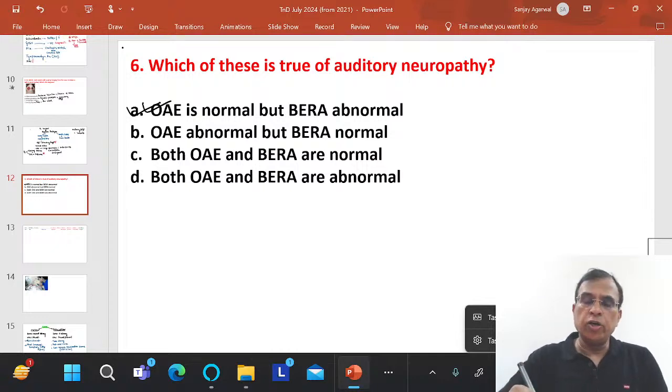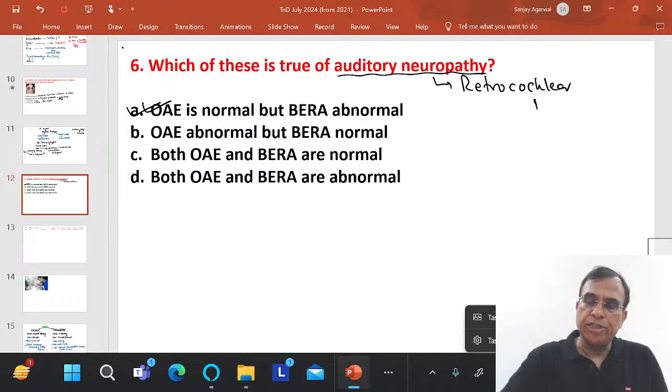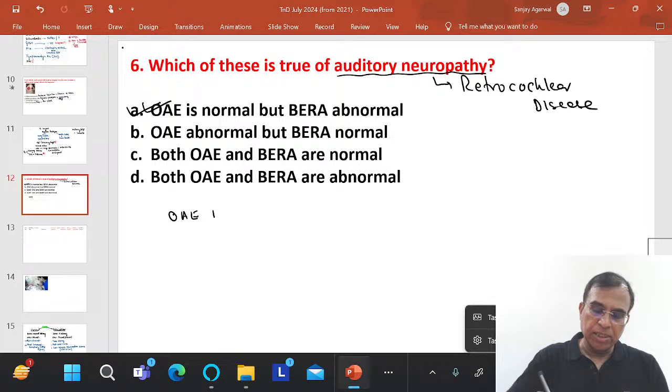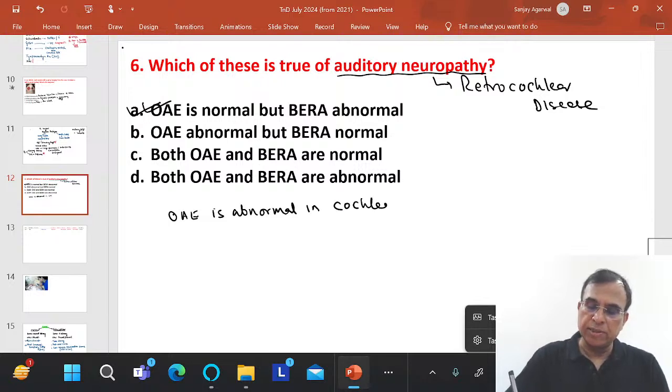Auditory neuropathy, as the name tells you, is a disease of the eighth nerve. It's a neuropathy of the eighth nerve. So this becomes what is called retrocochlear disease. Eighth nerve diseases are called retrocochlear disease. And yes, in a retrocochlear disease, OAE is normal and BERA is abnormal. OAE is abnormal in cochlear disease.